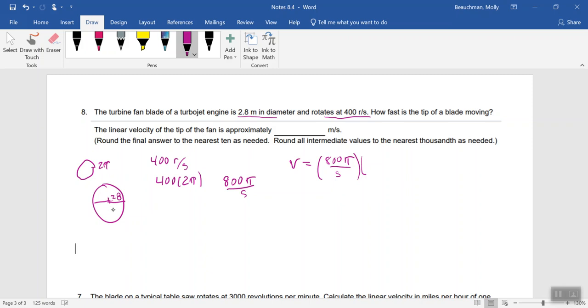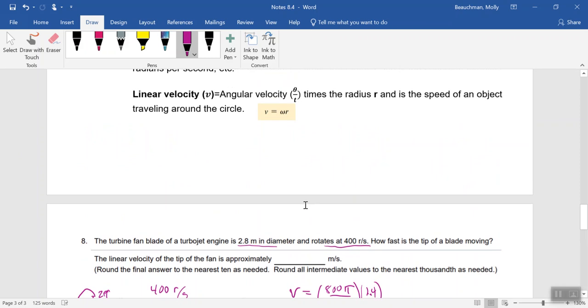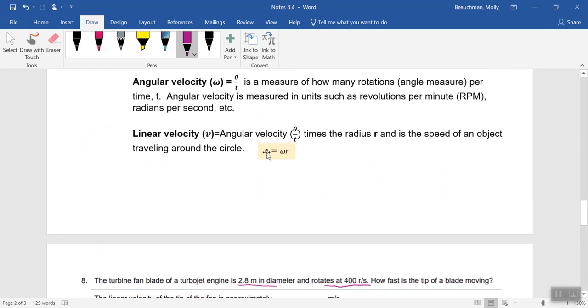That's all the way across. So half of that would be 1.4. So we've got the velocity is equal to the angular speed times the radius.